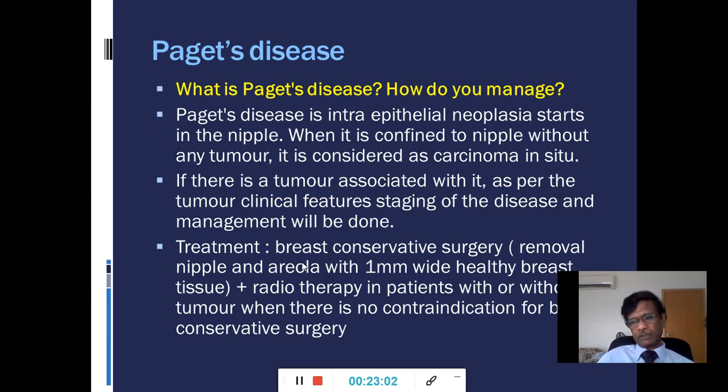If there is a tumor associated with it, then as per the tumor clinical features, that is its size and whether it is fixed to the skin or underlying structures, we go ahead. Staging of the disease will be done accordingly.